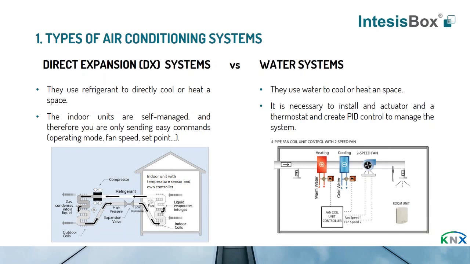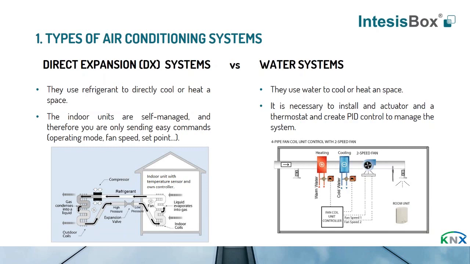So the main difference between these two systems is that the direct expansion systems are using refrigerant in order to cool or heat the space, okay? However, the water systems are using, as the name is saying, water, okay?